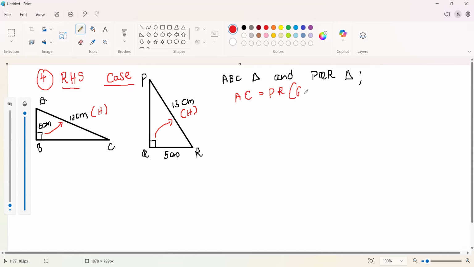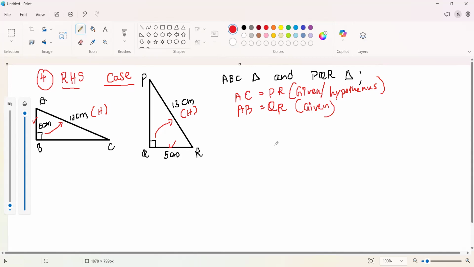It is given and it's also the hypotenuse. You can write it as hypotenuse. Okay, and the other thing, 5 centimeters equal to 5 centimeters. Another side is given equal to each other. What is that? AB equal to QR. So it's given.